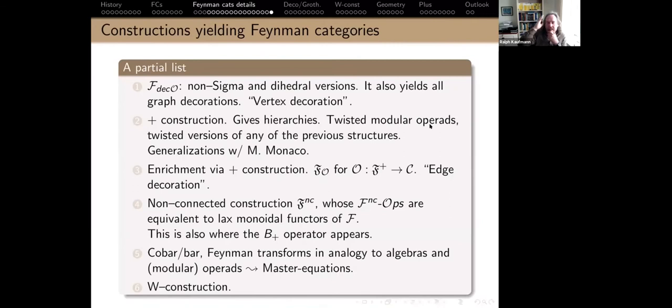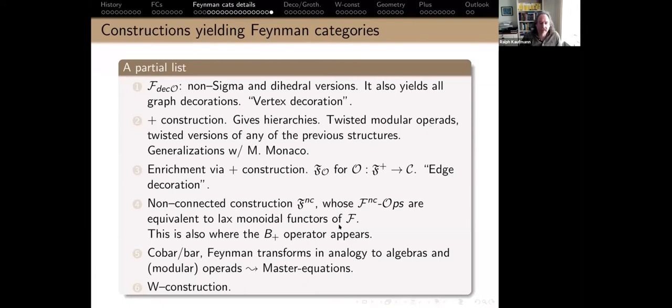And it's easy for operads. It got more complicated for cyclic operads, and it got very complicated for modular operads. And this is where the twisted modular operads came in with Getzler-Kapranov. And since we have a plus construction, we can do this in general, modulo adding some additional structure, which is given by generators and relations.